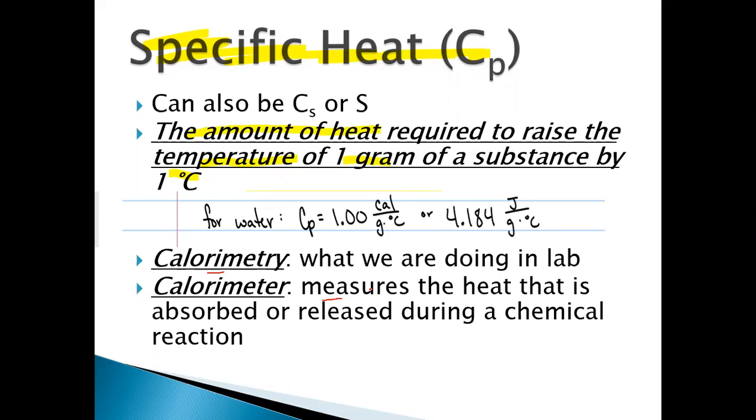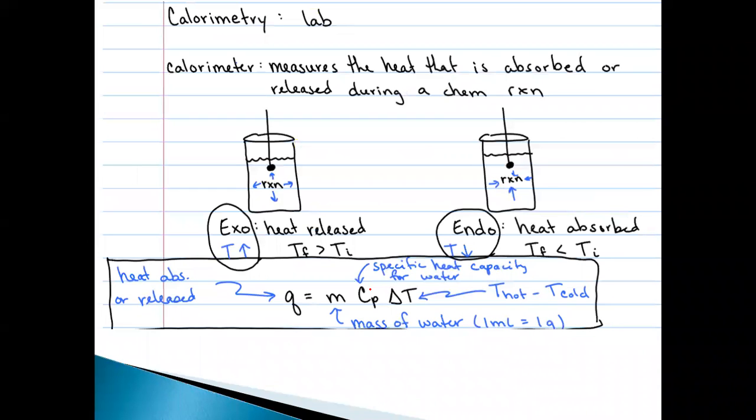There's a couple of key things here that we need to make sure you feel comfortable with. So if we were in class, one lab that we would be doing is this lab on calorimetry. So what that means is that you're going to be looking at the heat that is absorbed or released during a chemical reaction.